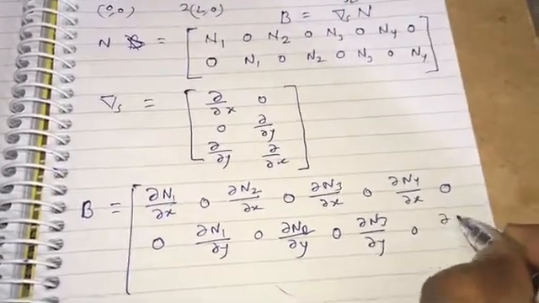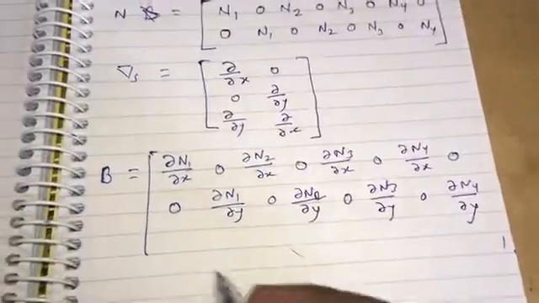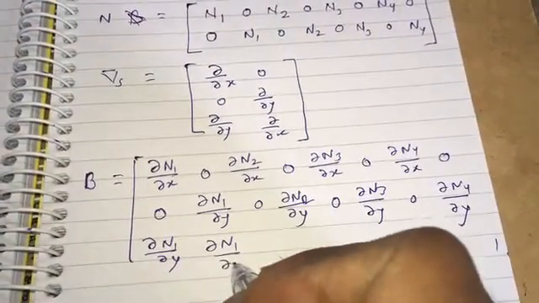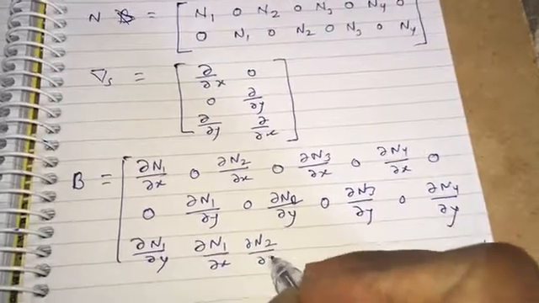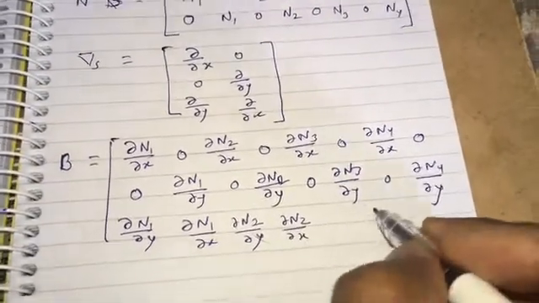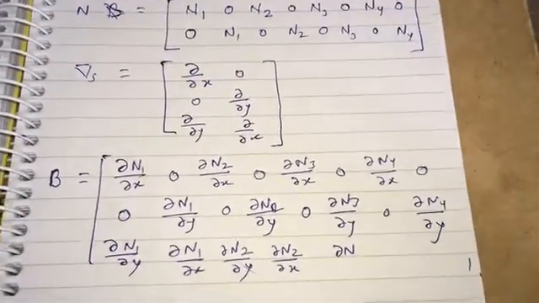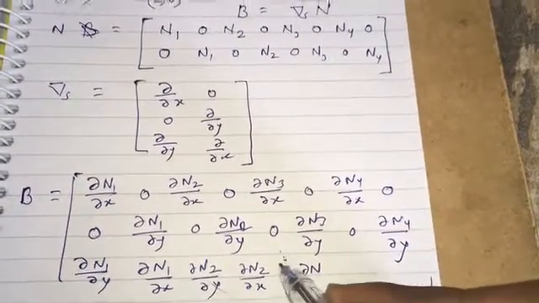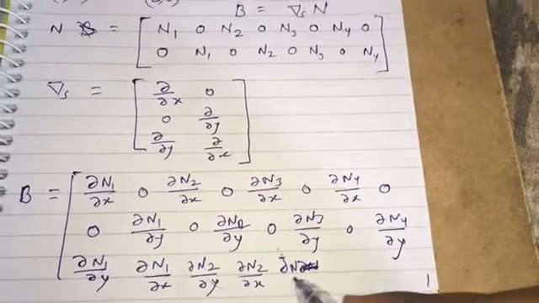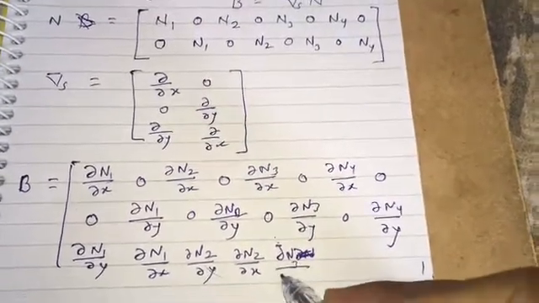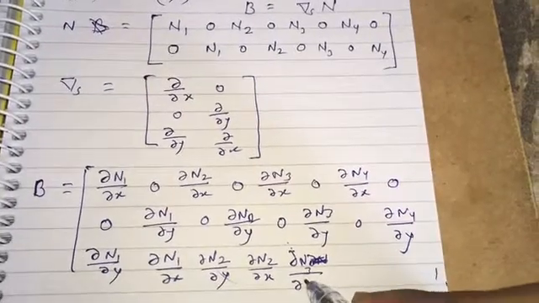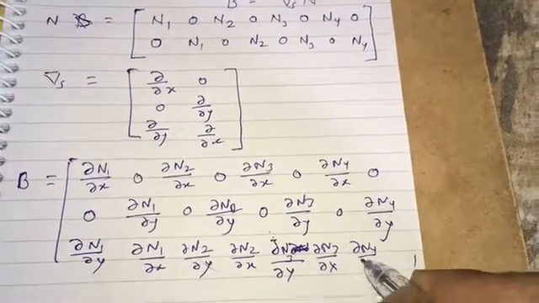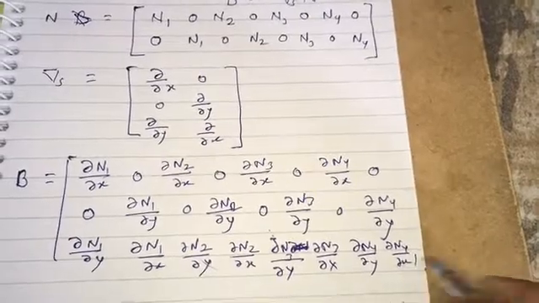0, del N3 over del y, 0, del N4 over del y, and the last row is del N1 del y, del N1 del x, del N2 del y, del N2 del x, and similarly here del N3 del y, del N3 del x, del N4 del y, del N4 del x.